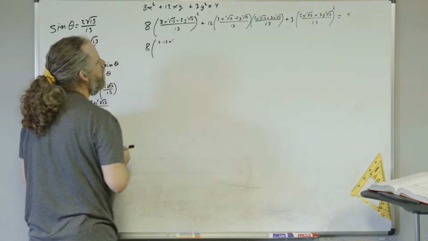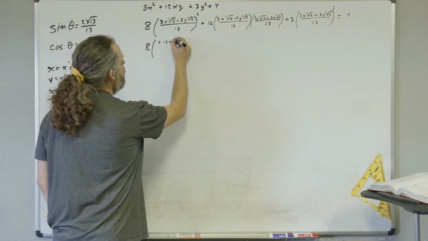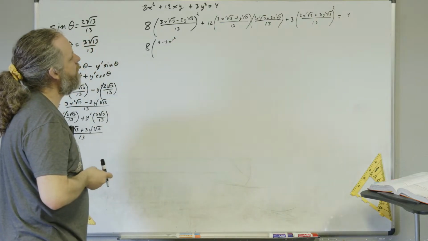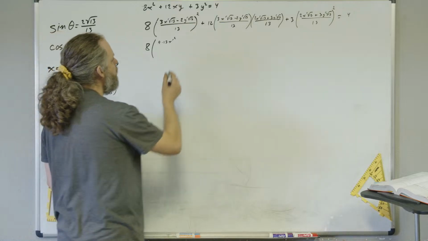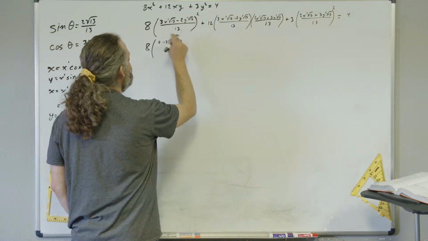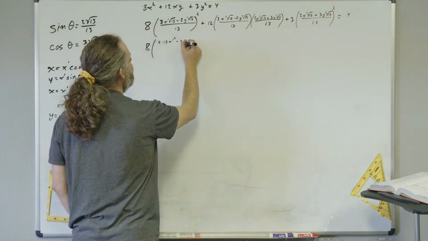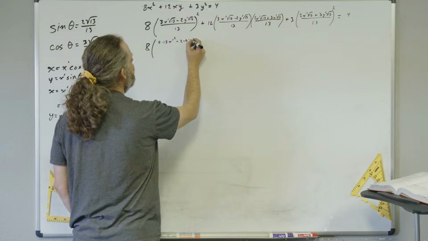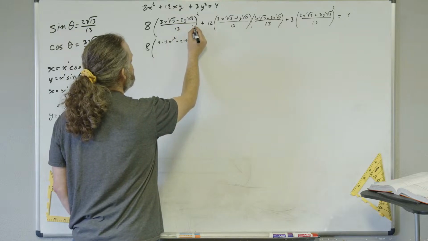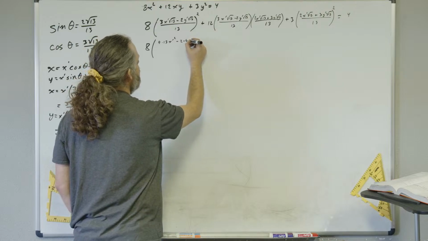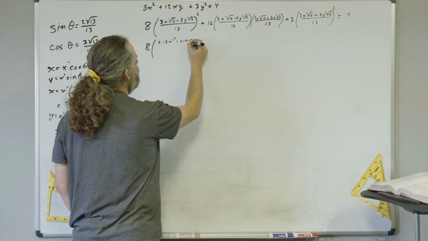I don't know. Wishful thinking. And then x prime squared. Minus 2 times these multiplied, so 6. Square root of 13 times square root of 13 is 13, so times 13.